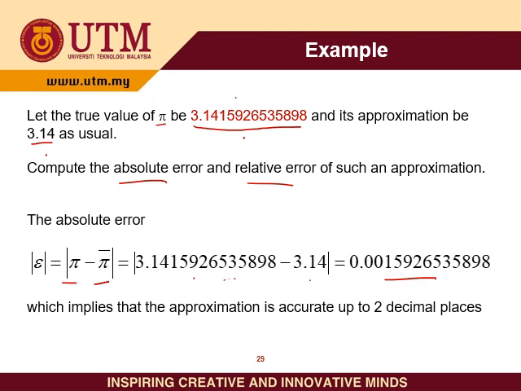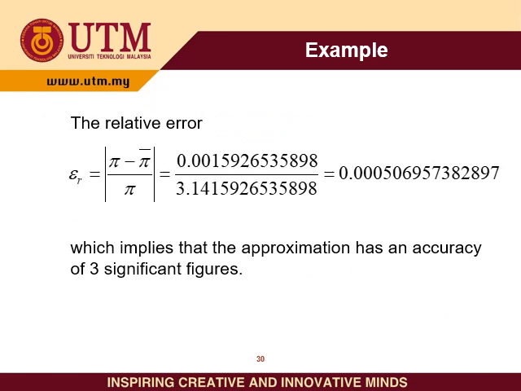What about relative error? Again, for the relative error you divide by the true value. So this is the answer from the previous slide, right? You divide by 3.14159 and so on here. So you will get your relative error. If you can see the result here, it implies that the approximation has an accuracy of 3 significant figures.